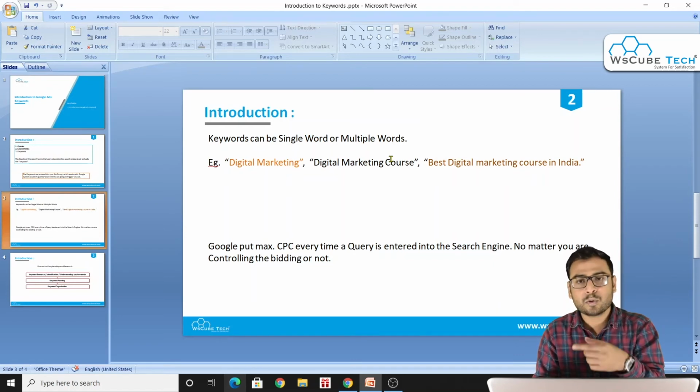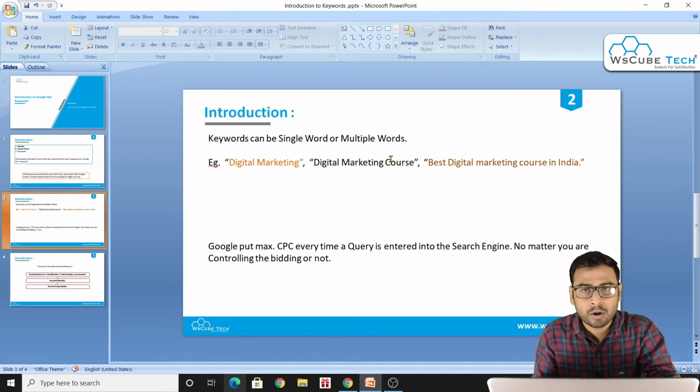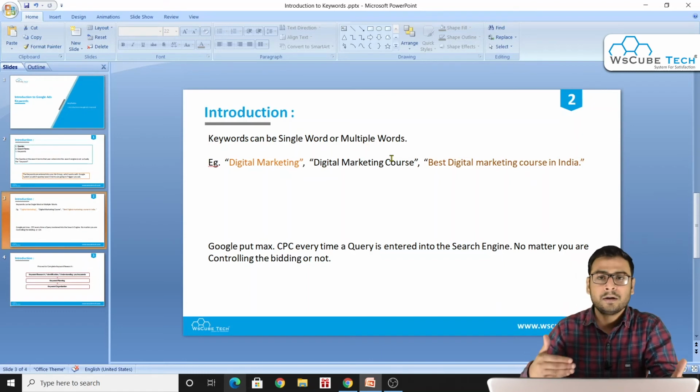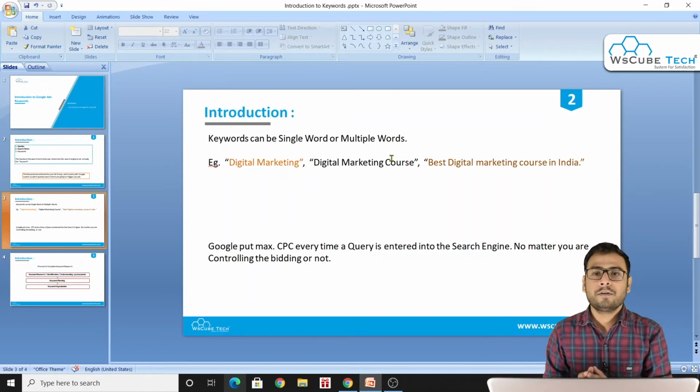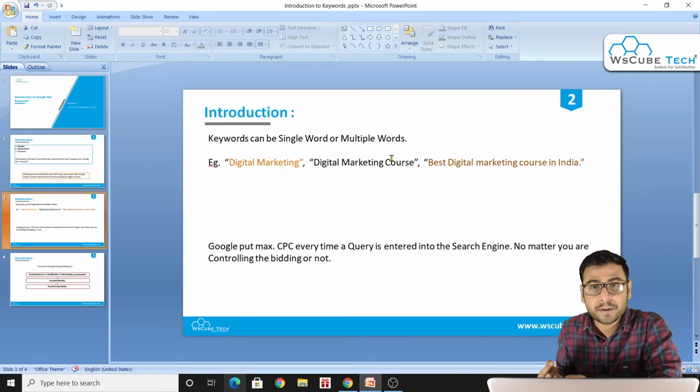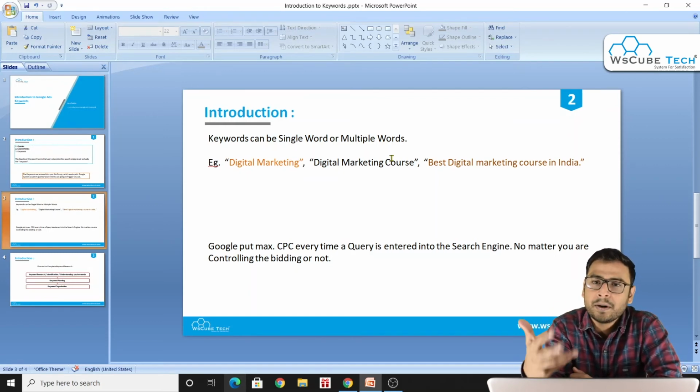When it is an automated bidding strategy, the maximum CPC is controlled by Google, where you are telling Google to maximize my clicks.